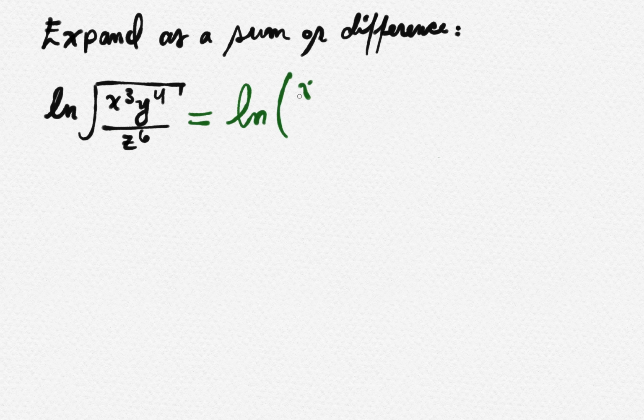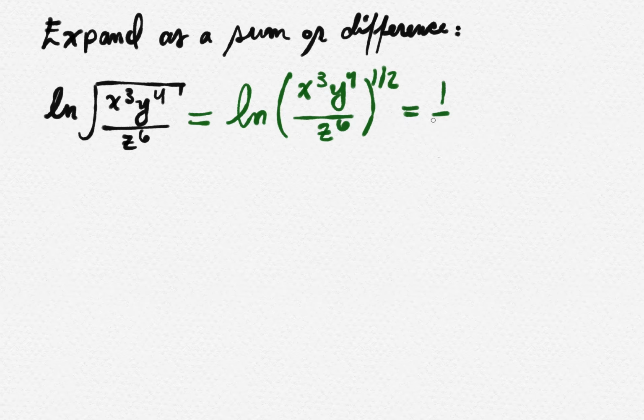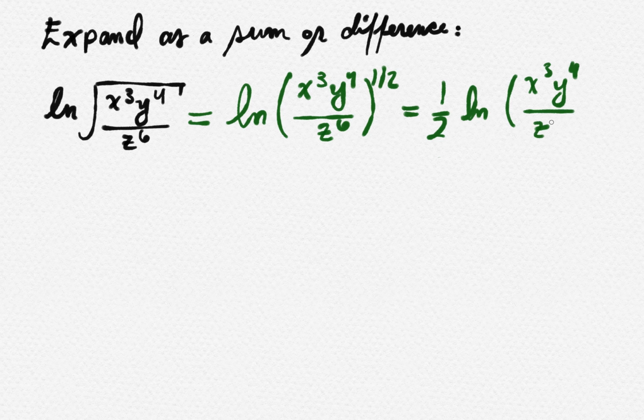So let's write it that way first. x cubed y to the 4th over z to the 6th, all of that to the 1/2. And so we can invoke the power property first and write that this is 1/2 times the natural log of x cubed y to the 4th over z to the 6th.